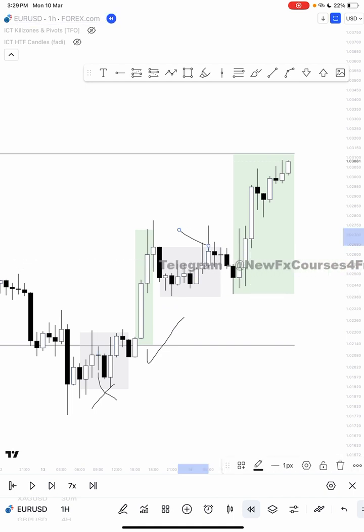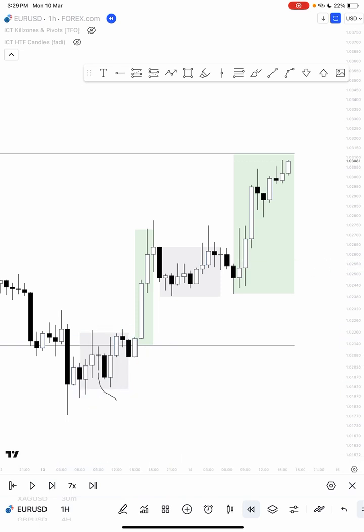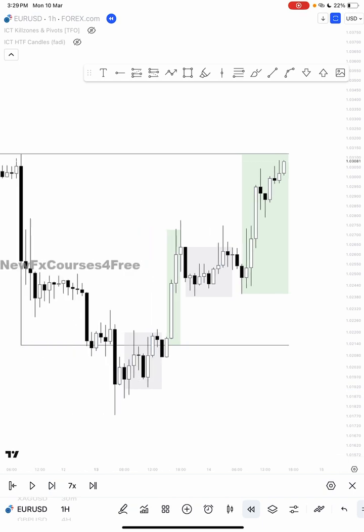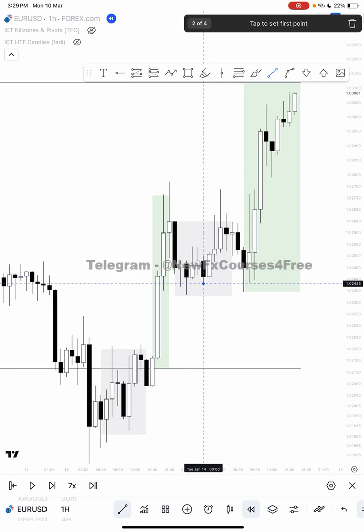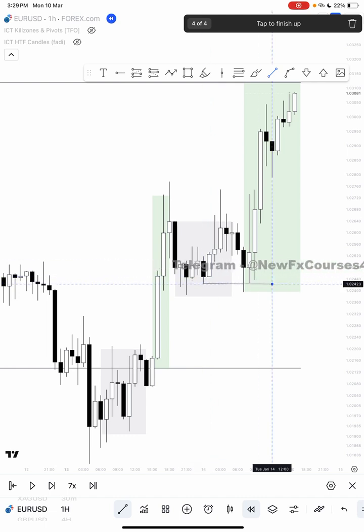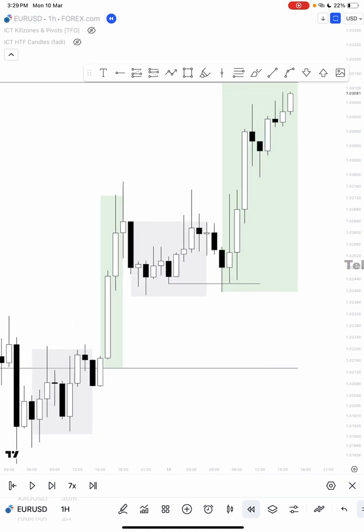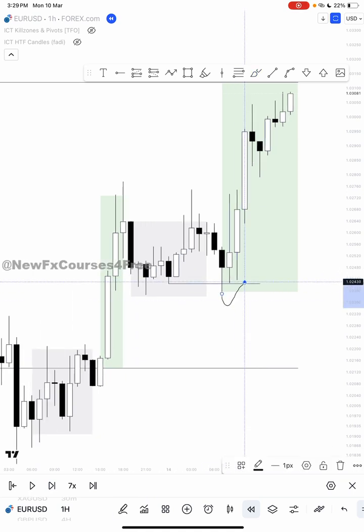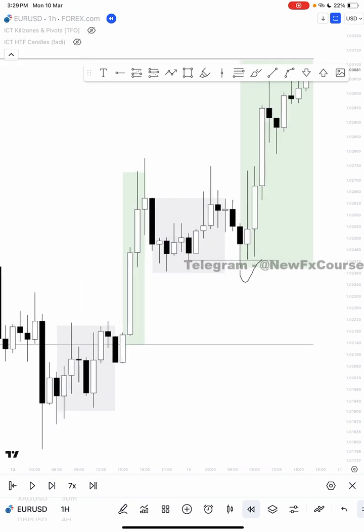So if you missed the first leg of expansion, you can wait for the second leg of expansion. Remember, when bullish, wait for a dump below an old low before you start looking for buys.